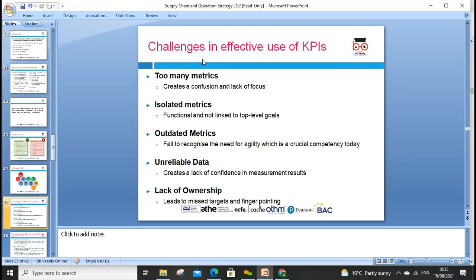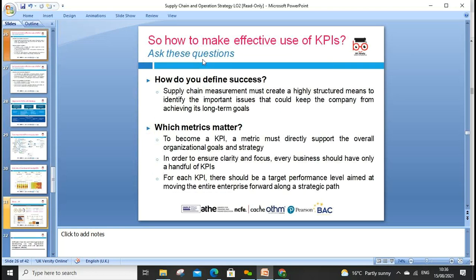Challenges: ineffective use of KPIs, too many metrics, isolation, outdated beliefs, outdated ways of delivery, significant productivity loss, especially in developing countries, unreliable data and lack of ownership, so that leads to low performance. So how do we make effective use? How do you define success?